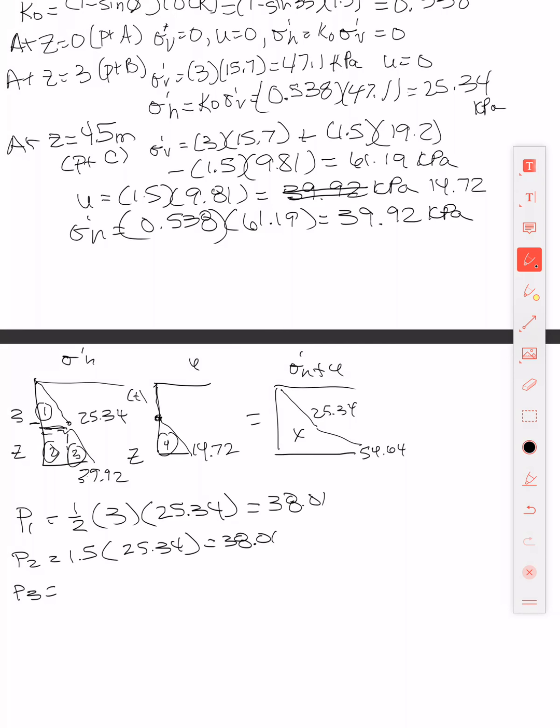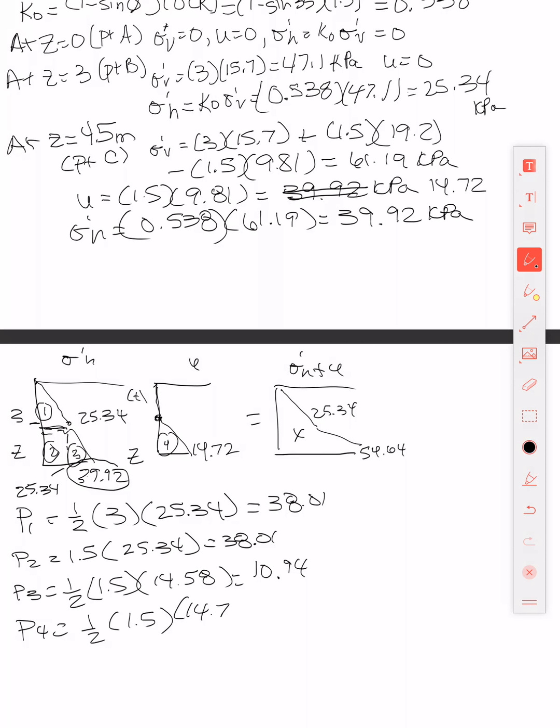For the third triangle, it's 1/2 the height times the base, which in this case is 14.58, which is the difference between this and 25.34. That is 10.94. And then the fourth is a triangle, 1/2 times 1.5 times 14.72. And that gives us 11.04.